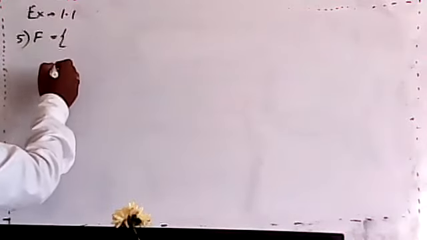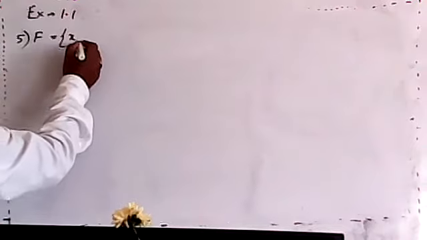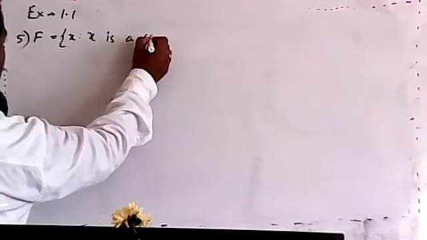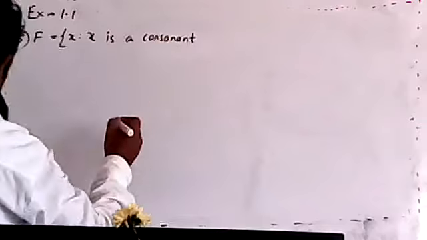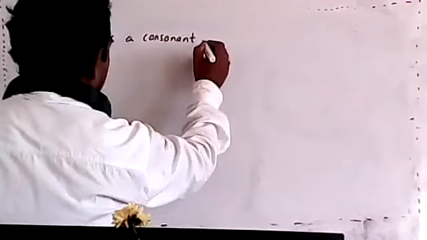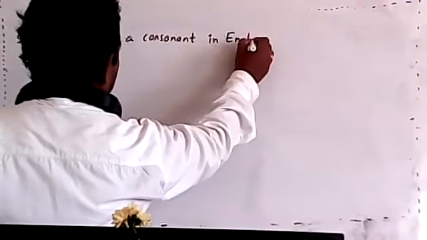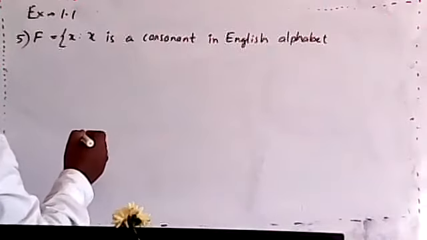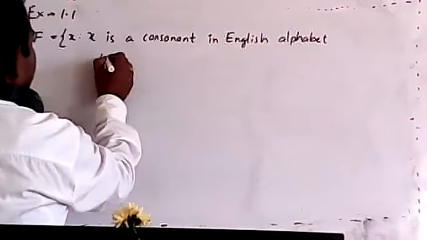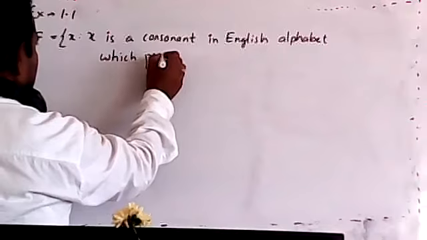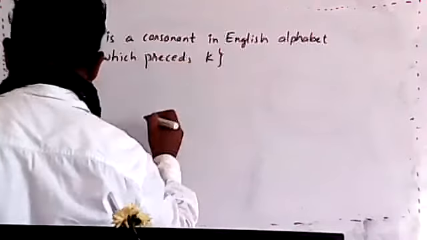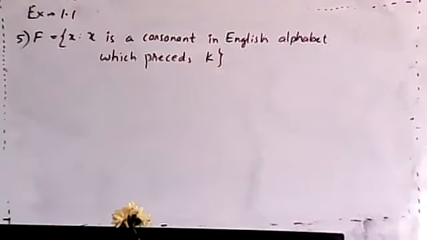There is a set F having all x such that x is a consonant in the English alphabet, which precedes K. Have you understood the question?